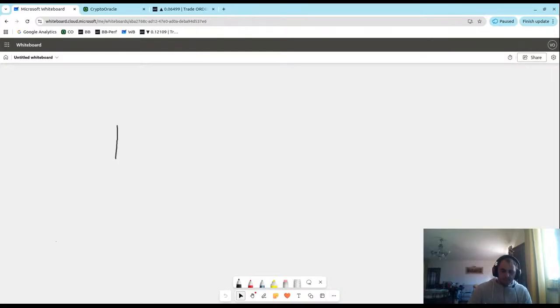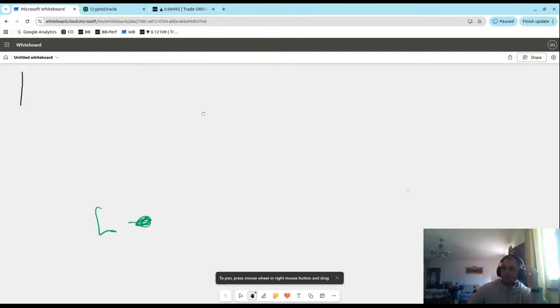Drawing part. So the way it works is, let me do a green one. Now open long at this price here, goes up, and we open another long here, so we've got two separate longs.